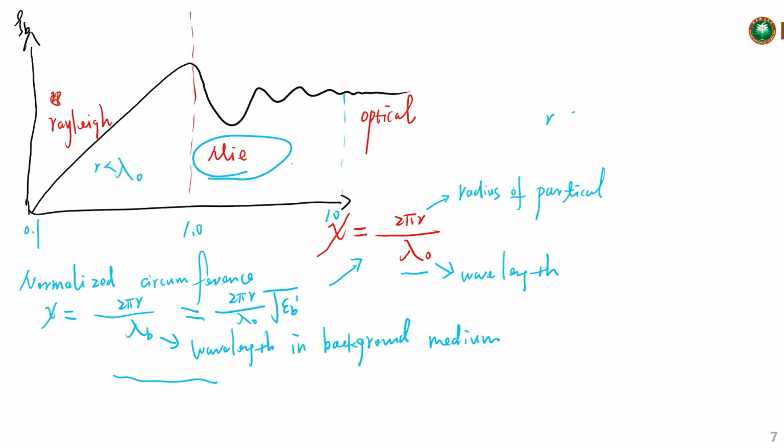All right. In Mie scattering theory, the radius is larger than the wavelength. So this is the separation between the Rayleigh scattering and Mie scattering. Firstly, we would concentrate on the Mie scattering.